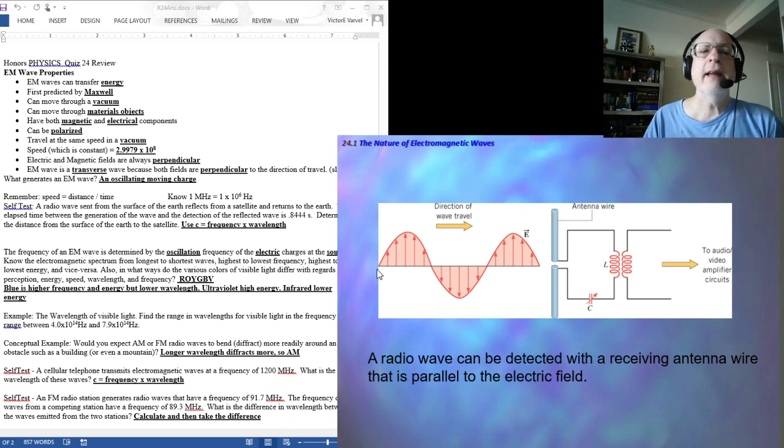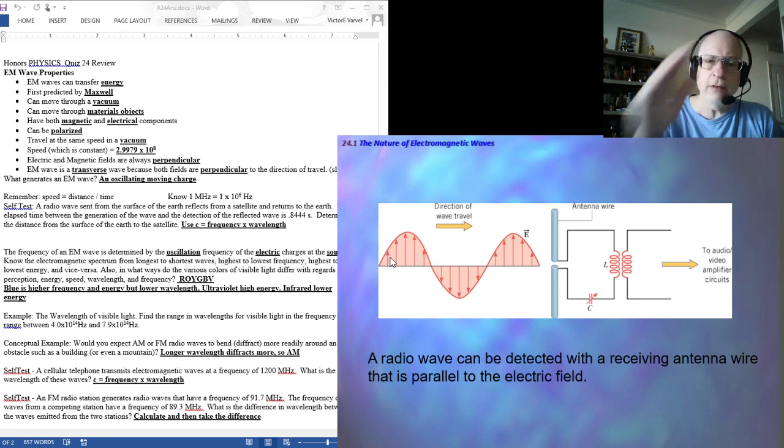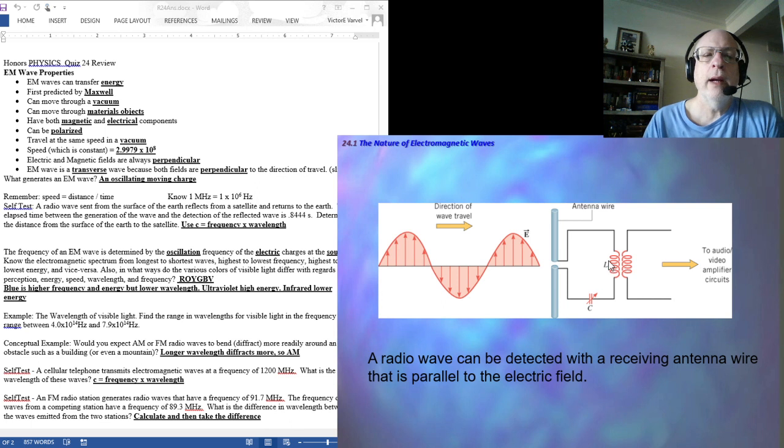Now, let's say that I have a radio wave, and this one part of the wave is going up and down. If I have an antenna oriented that is parallel, so here's my parallel field, my field and my antenna are parallel.